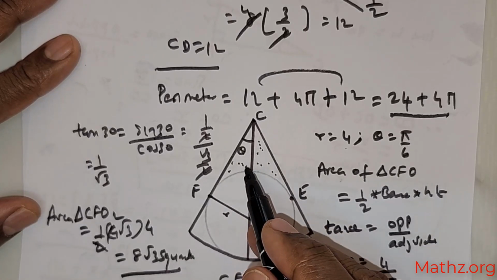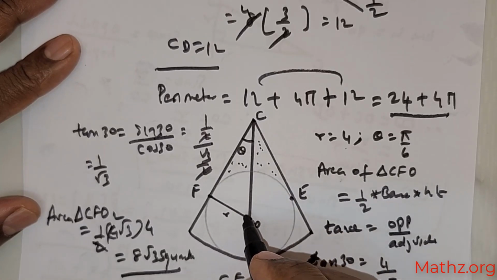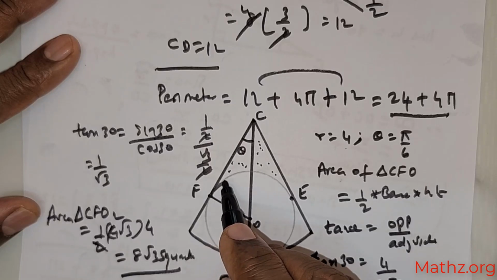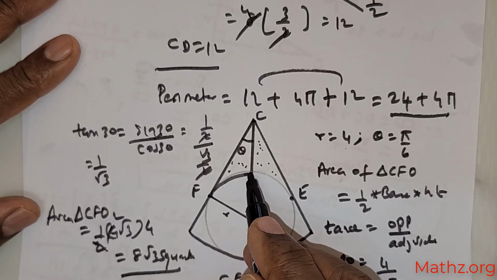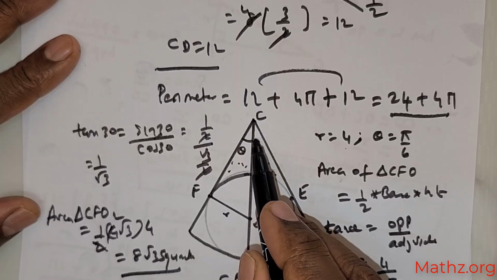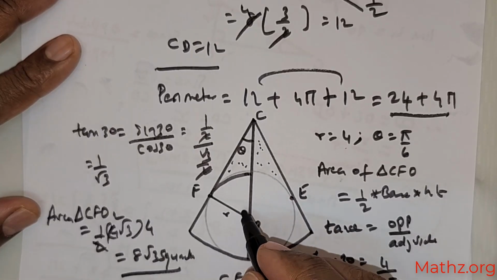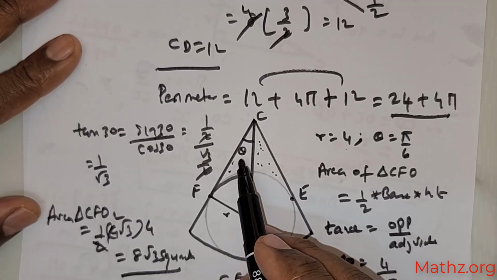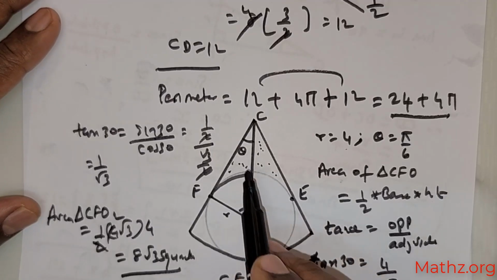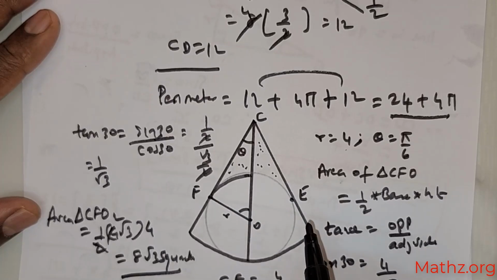Now we need to get the area of the shaded region. So for that I have to actually get this region, area of this sector, right? Now from the triangle I will take away this area of the sector. So for that I need this angle. Now this angle is given as pi over 6. This angle is 90.